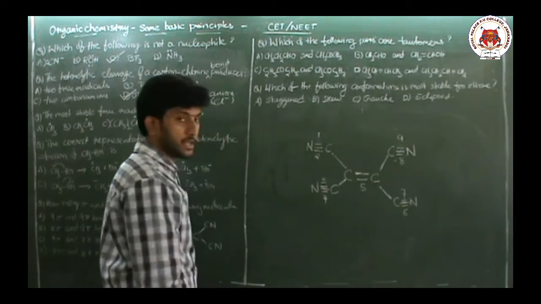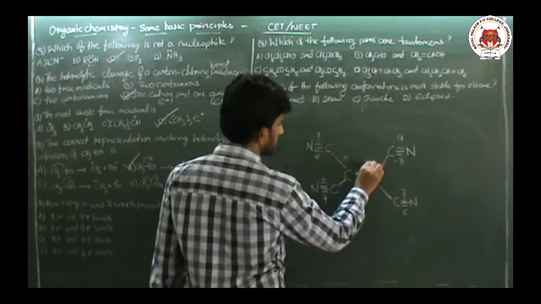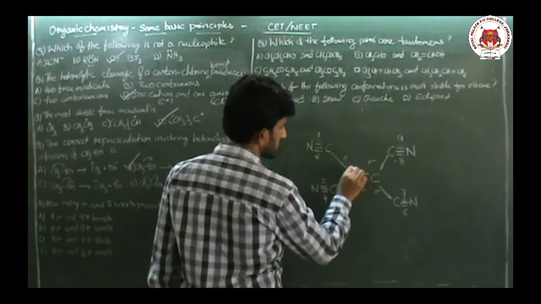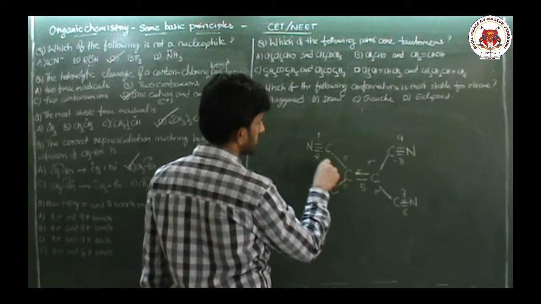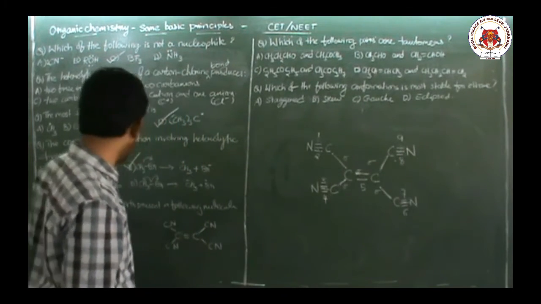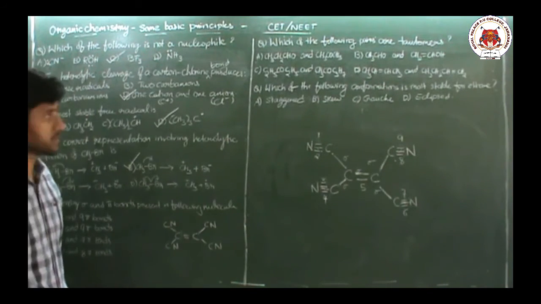So totally 9 sigma bonds are there. This is 1 sigma, this is 1 sigma, and so on, 5 sigma bonds, 6, 7, 8, 9. 9 sigma bonds are there. So what is the option? 9 sigma, 9 pi bonds.